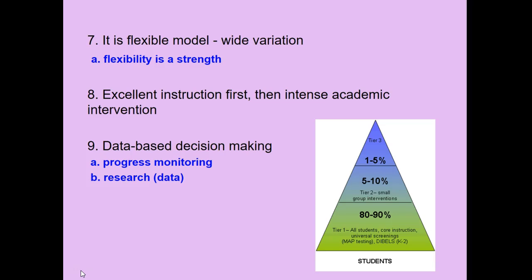It calls for data-based decision-making. This means progress monitoring, decisions based on students' performance, but data-based decision-making also points to using research data to make decisions about what is in the intervention and how the intervention is constructed.